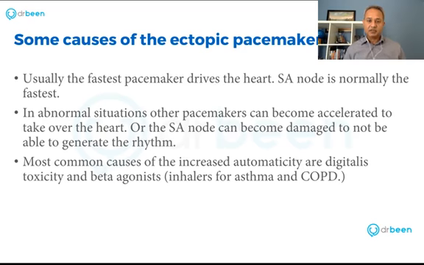So it is possible that digitalis or digoxin levels have increased so much that they've created toxicity, or potassium levels have reduced comparatively and digoxin has become toxic. Similarly, asthma is a common problem as well, and people who are on beta agonists for asthma can also develop ectopic pacemaking because of the sympathetic overdrive.